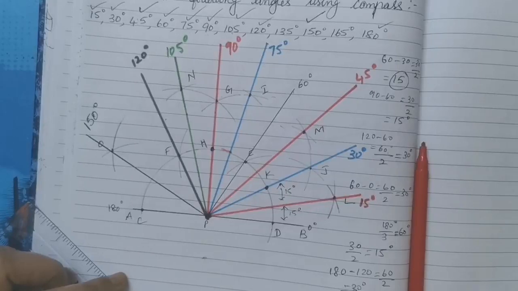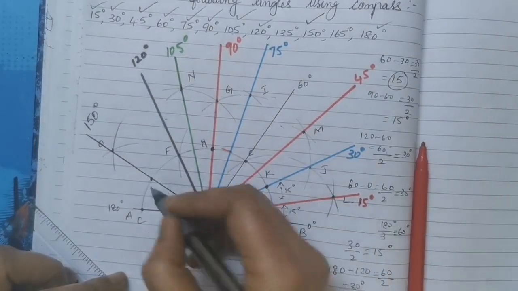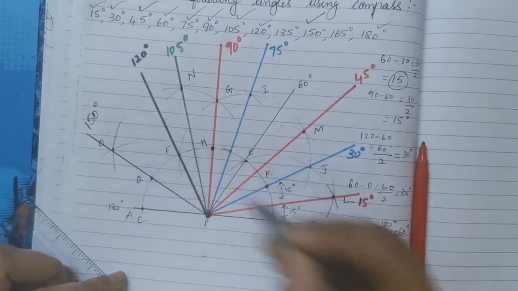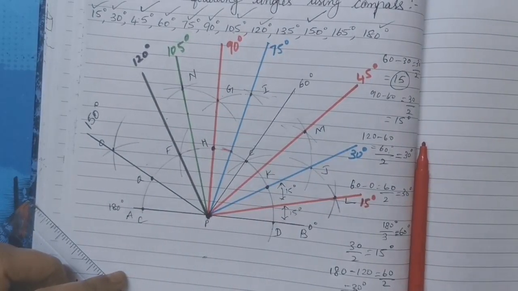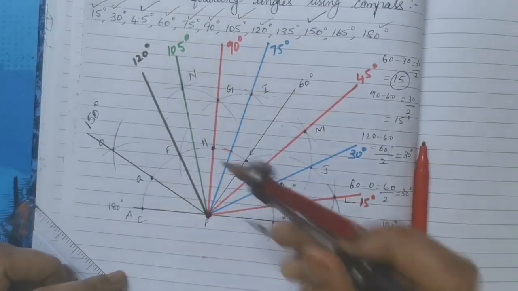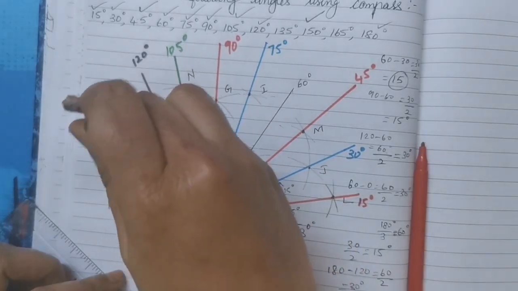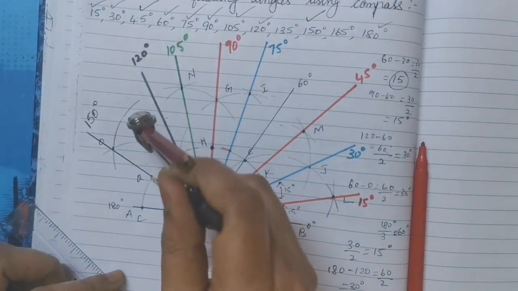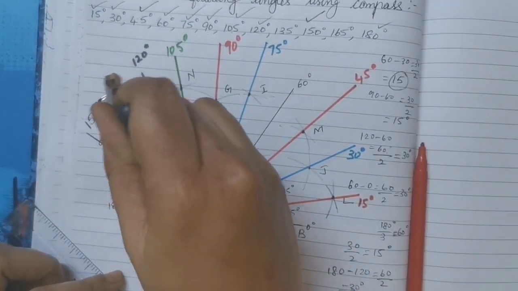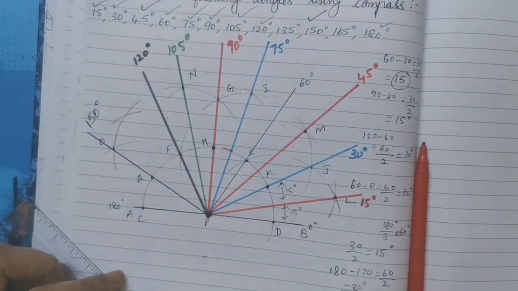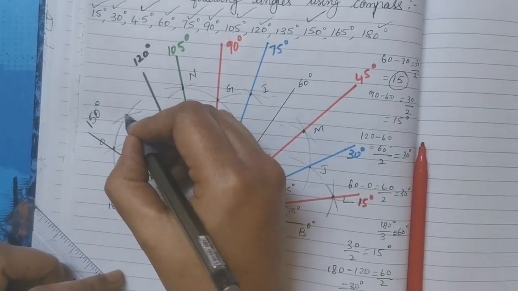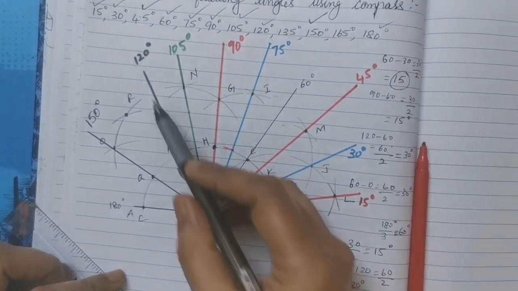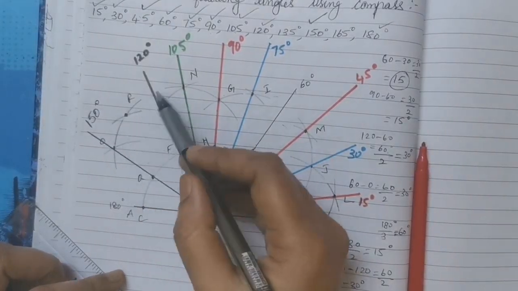So here I am naming the point of intersection as Q. So 135 degree lies between F and Q. So we have to bisect this, from 120 degree and from 150 degree. The point of intersection, I am naming it as R. So between 120 and 150 there are 30 degrees.